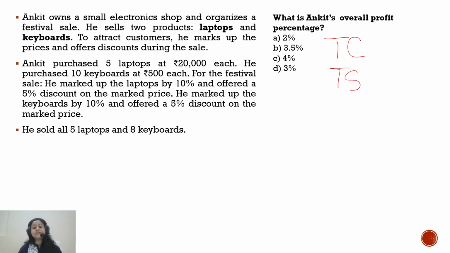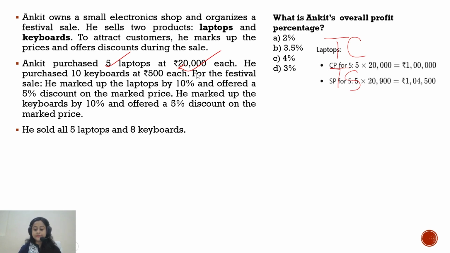Obviously, Ankit has purchased 5 laptops, and for each laptop, the cost price is 20,000. So for laptop, the cost price will be 20,000 into 5. So the cost price for 5 laptops is 20,000 into 5, that is 1 lakh.